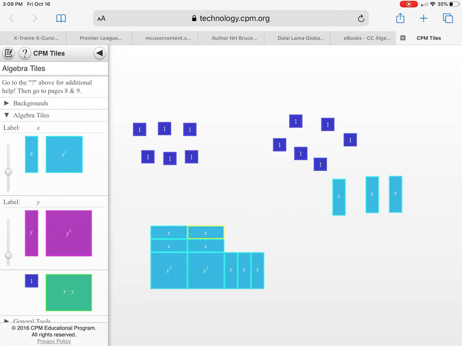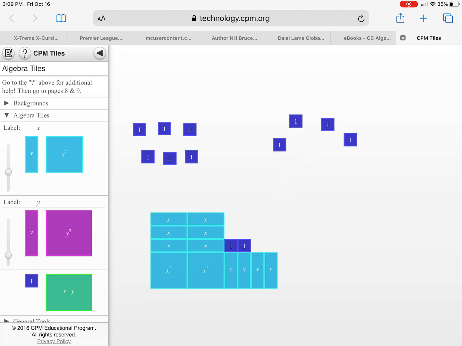When I do this, I'm basically trying to build a rectangle from all of the tiles that I have. Looks like there's only one left, so it must go down there. Okay, now I'm going to place all of my 1 tiles, and conveniently you can see here that that's a 1 by 1 inside there, so I can just start filling in this gap with all of these 1 tiles.